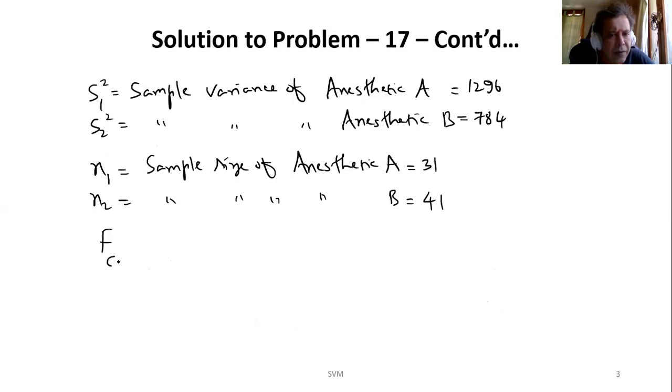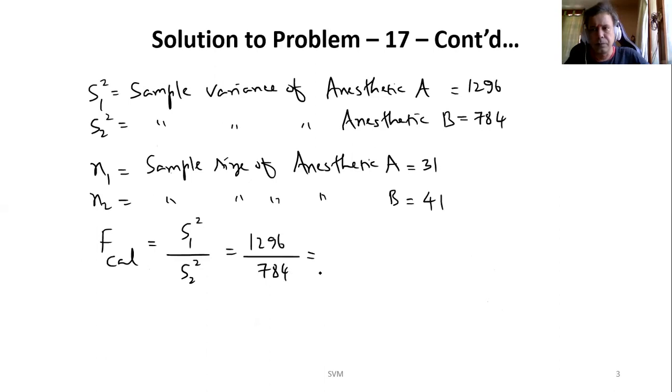Now our F cal, we know it is S1 square by S2 square, which is 1296 divided by 784, that is 1.65.